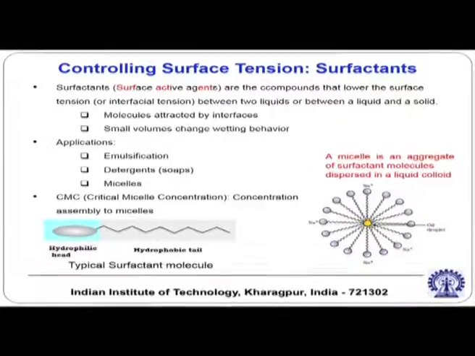Controlling surface tension by surfactants is also a possibility. Surfactants, short for surface active agents, are compounds that lower the surface tension between two liquids or between a liquid and a solid.